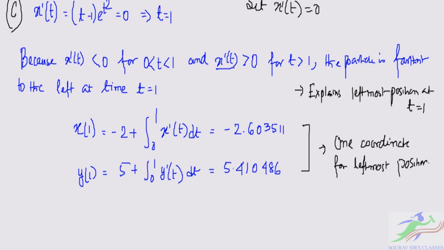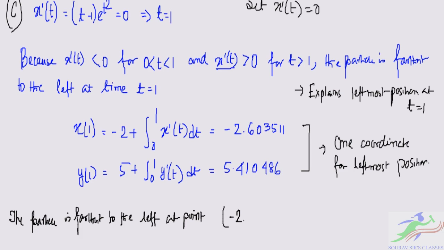We can write that the particle is farthest to the left at the point x1 equal to minus 2.603, and the second coordinate is 5.410. Okay, so this is the leftmost position.